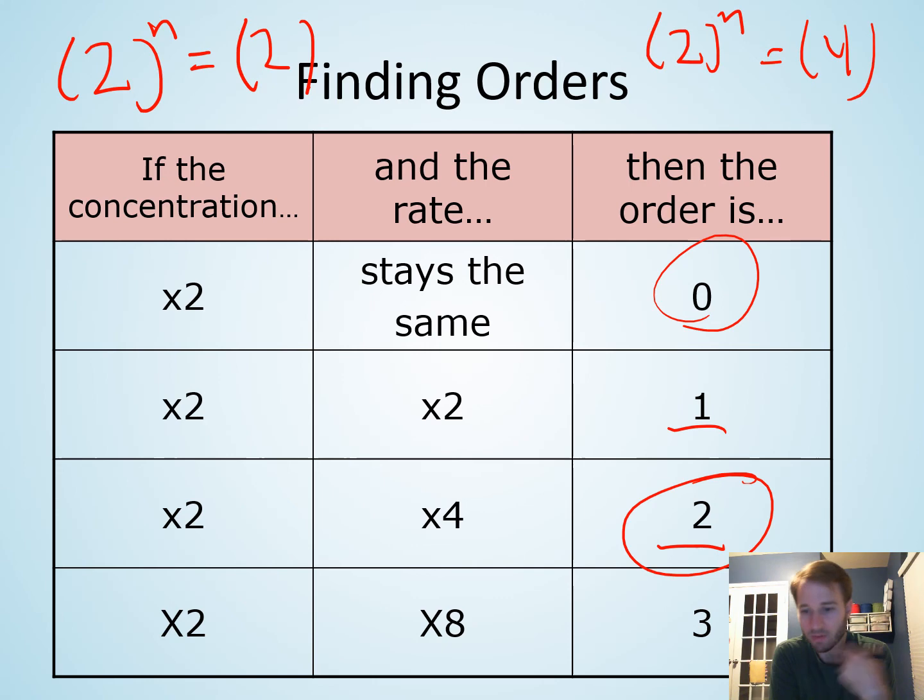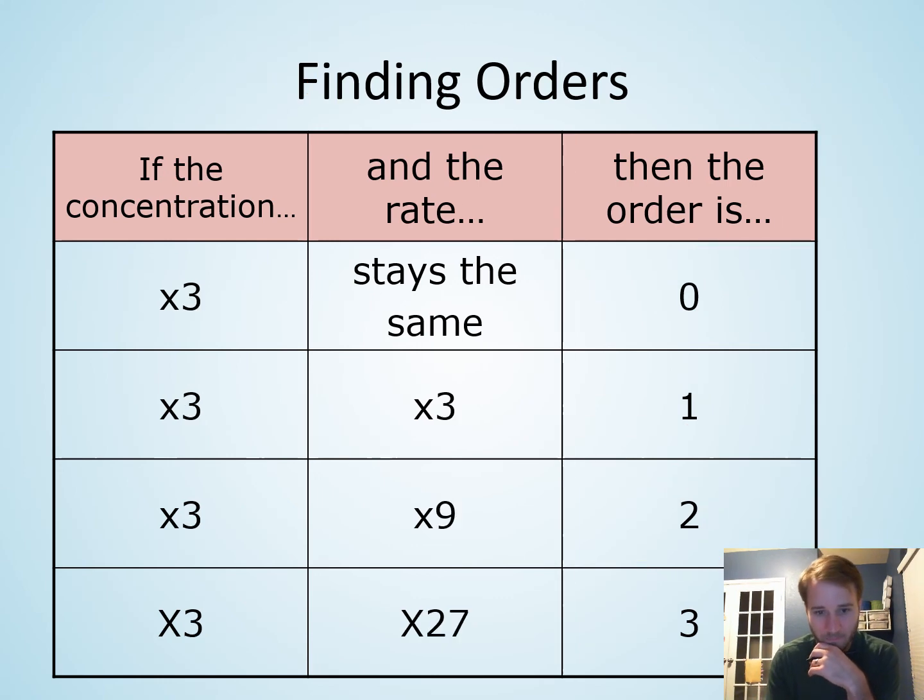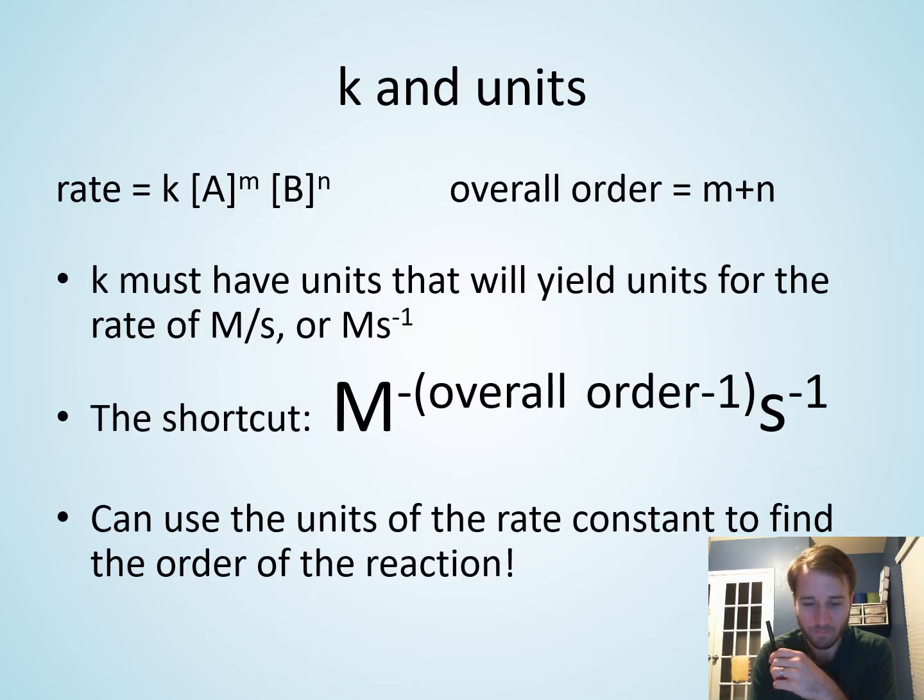So this is how we would solve for these orders with respect to each individual concentration, one at a time, okay? And here is the same type of chart, but for if the concentration tripled in the experiment, things like that. This is how the order changes with the change in rate, okay.